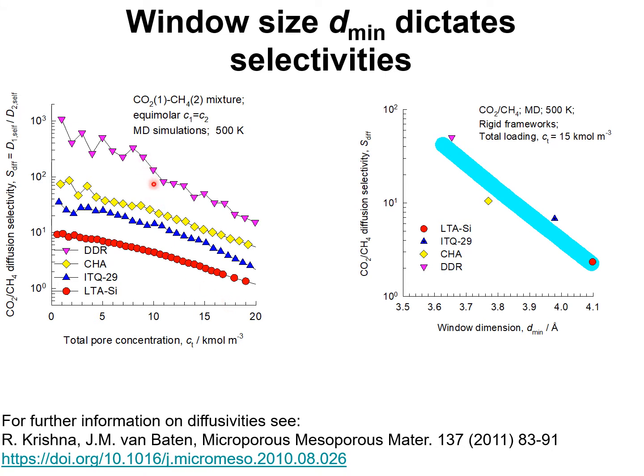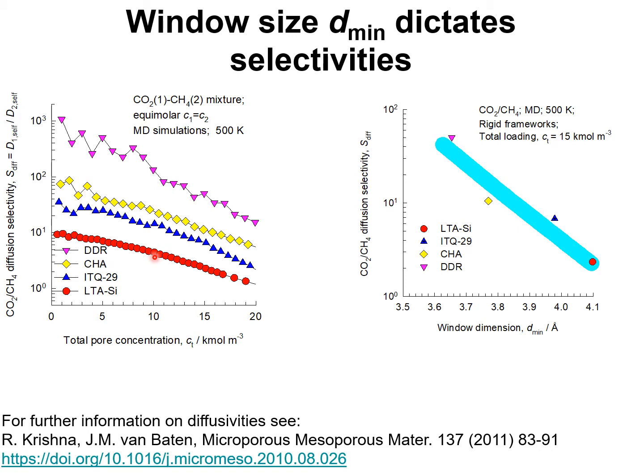The hierarchy of diffusion selectivities is dictated by the window apertures. DDR has the highest value for CO2/CH4 selectivities because it has the smallest aperture size of 3.65 angstrom.